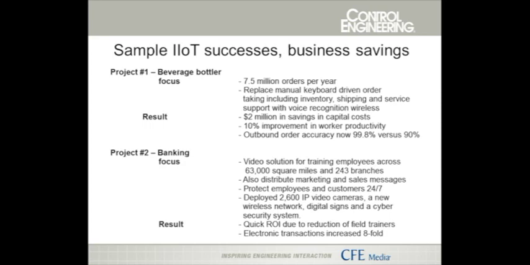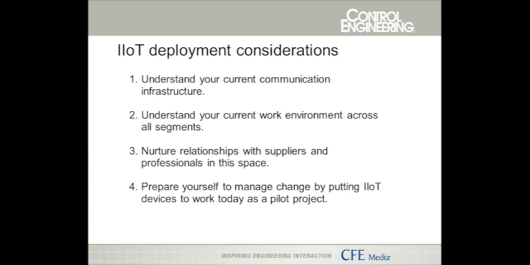And in the last example, a South American bank institution deployed several video cameras, new digital signage, and probably most importantly, a cybersecurity feature for electronic banking. Travel expenses for training went down, wireless bank transactions went up 8-fold, and safety was greatly enhanced.